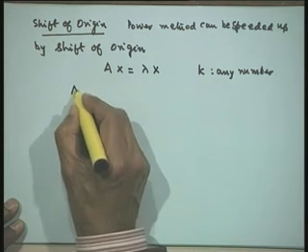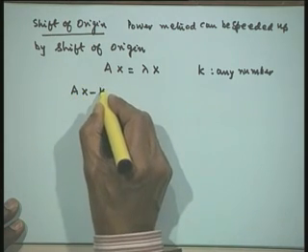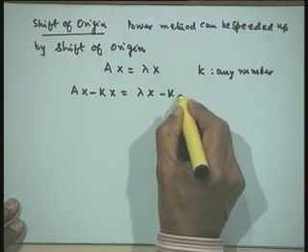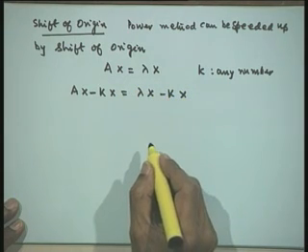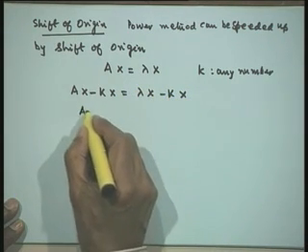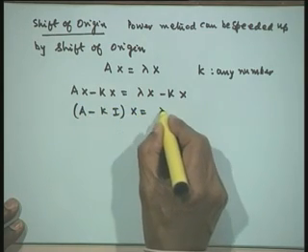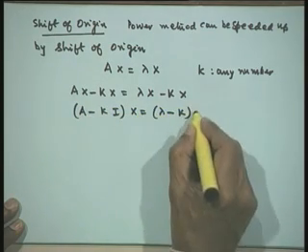Then let us subtract k x from both sides, A x minus k x is lambda x minus k x. That means A minus k I of x is equal to lambda minus k of x.